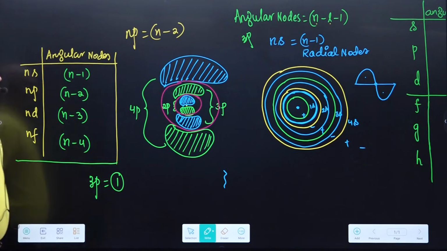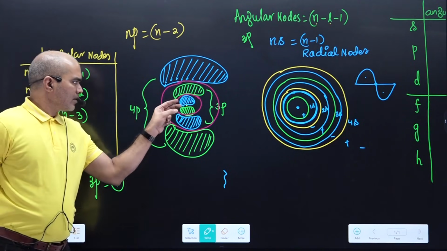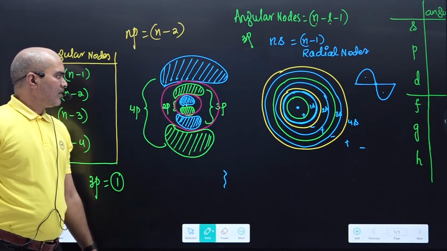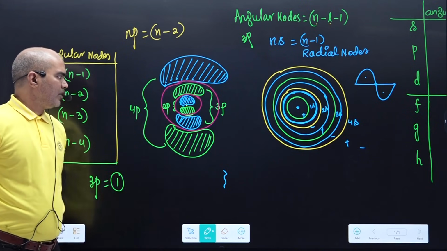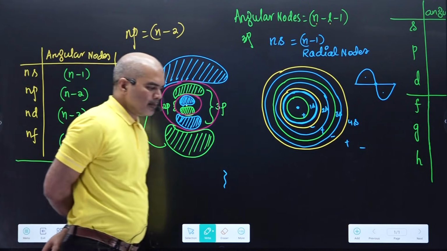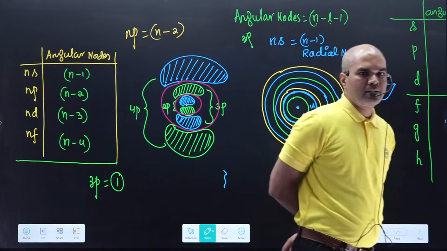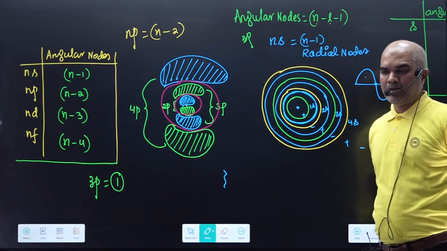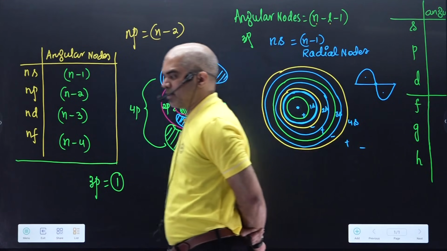You can see 2p is close to the nucleus. 3p, there will be a little increase. I mean, it will go far away from the nucleus. And there will be a general question, which orbital's penetrating power is larger? Which one? S orbital. What could be the reason?